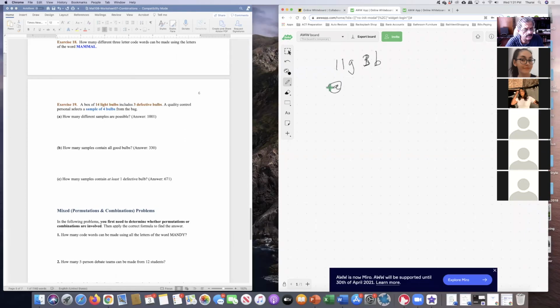First of all, is it combination or permutation? I'm sorry, how did we get 11 good light bulbs? Because there are 14 light bulbs that include 3 defective. 3 bad. 14 includes 3 bad. So 14 minus 3, 11 is the good ones. The number of good bulbs is 11 because the 14 bulbs include 3 bad ones.